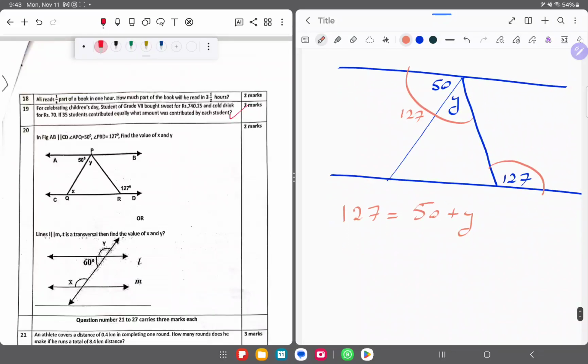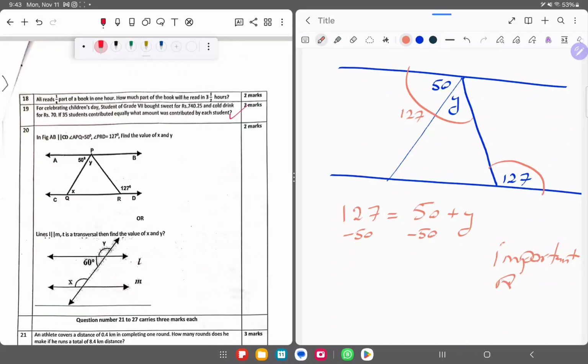Now once I say 127 is equal to 50 plus y, what can I do? I need to do minus 50 on the right and minus 50 on the left. It's as if it's a scale. So I'm removing 50 on the right and 50 on the left. I need you to show me a scale, showing removing on the right and on the left is important, and write important.